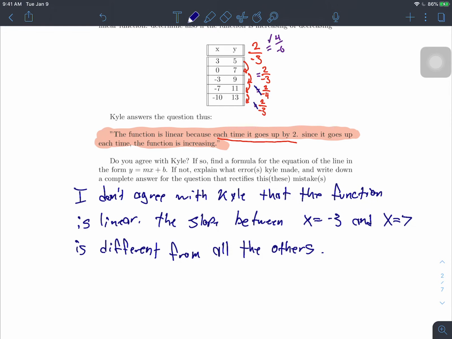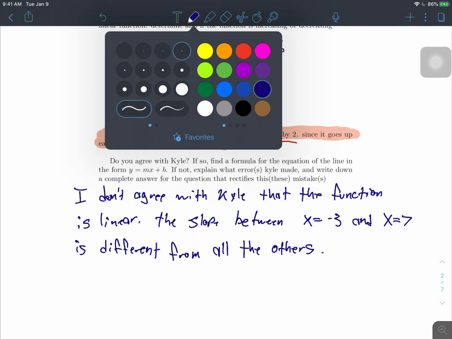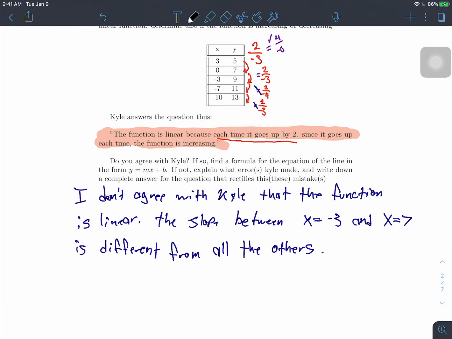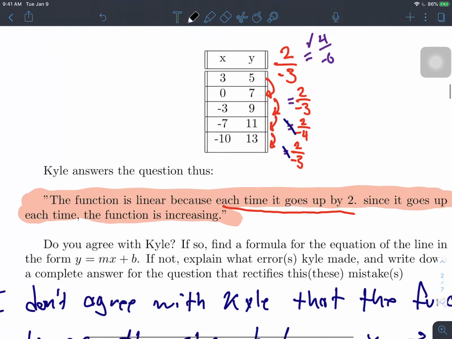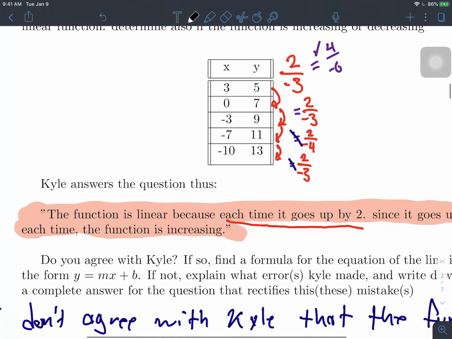Now let's deal with the second part. It says, since it goes up each time, the function is increasing. And this is kind of a naive way of thinking about this problem, and a lot of students fall into this trap because they see the y values going up, and then up, and then up.